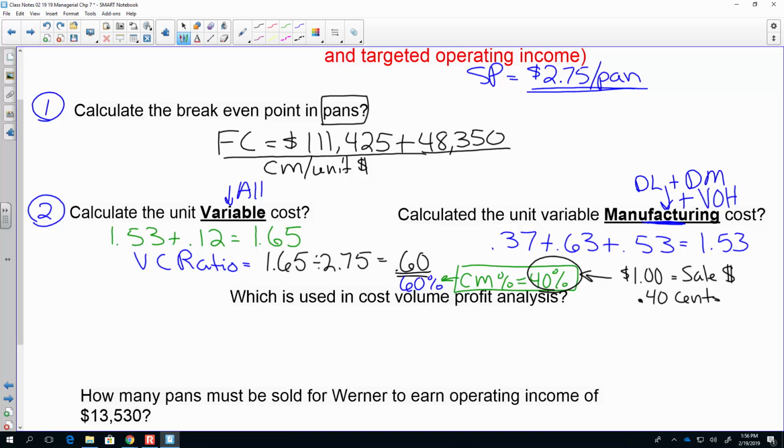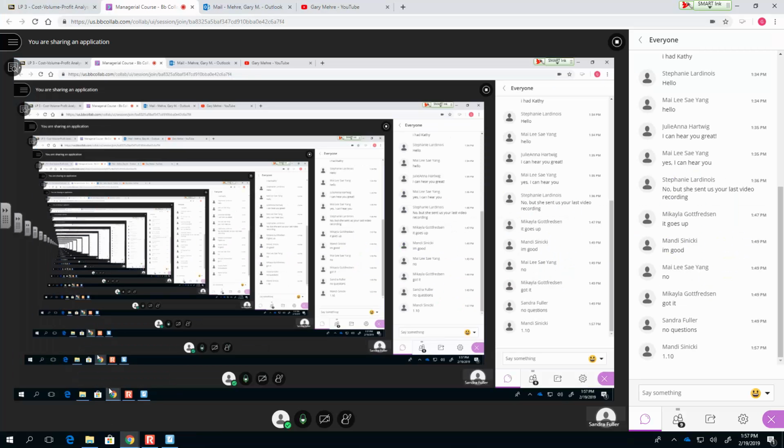What's my margin per unit though? I think I have the numbers up there. Mandy, $1.10.